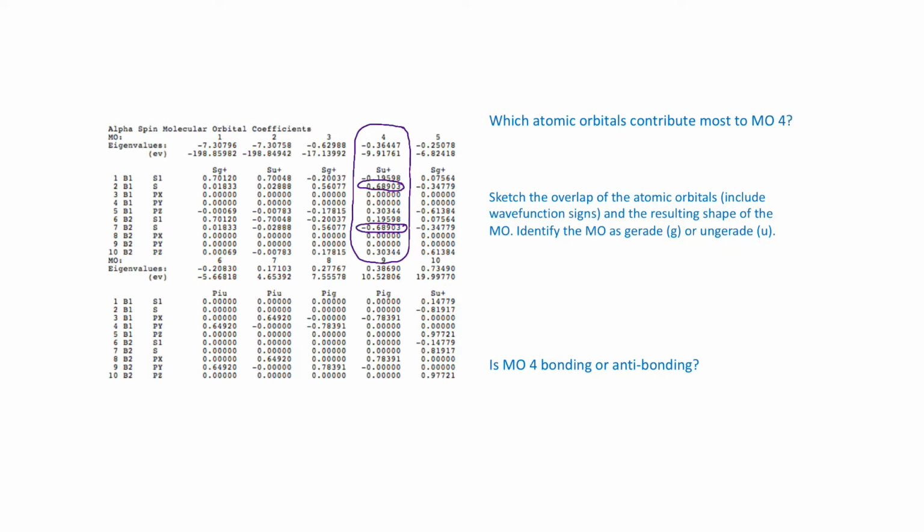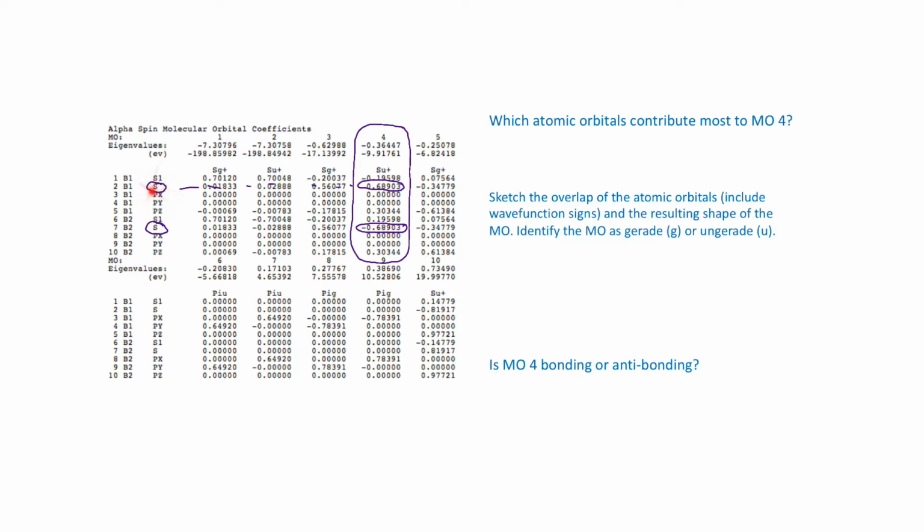So if we follow that over, that tells us that these s orbitals are the biggest contributors. One thing to note for Spartan's labeling is that they go in order of energies. So this s1 is going to be your 1s orbital.